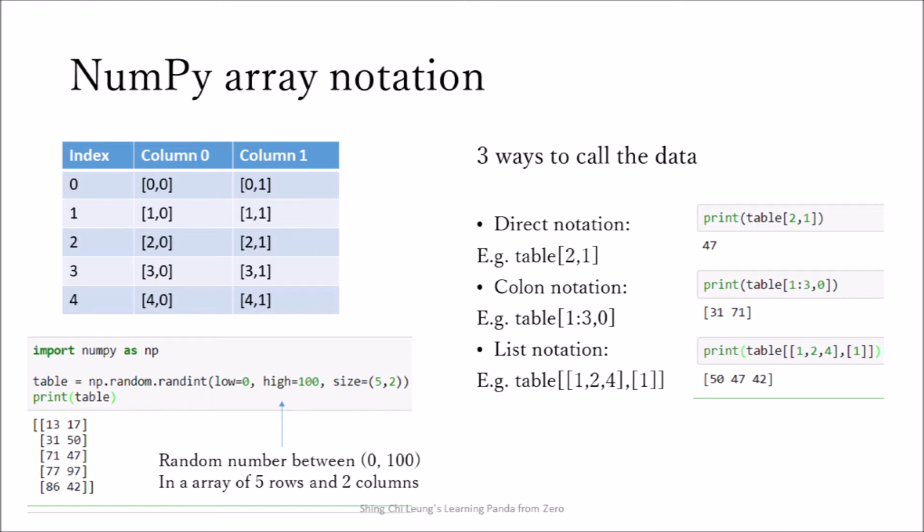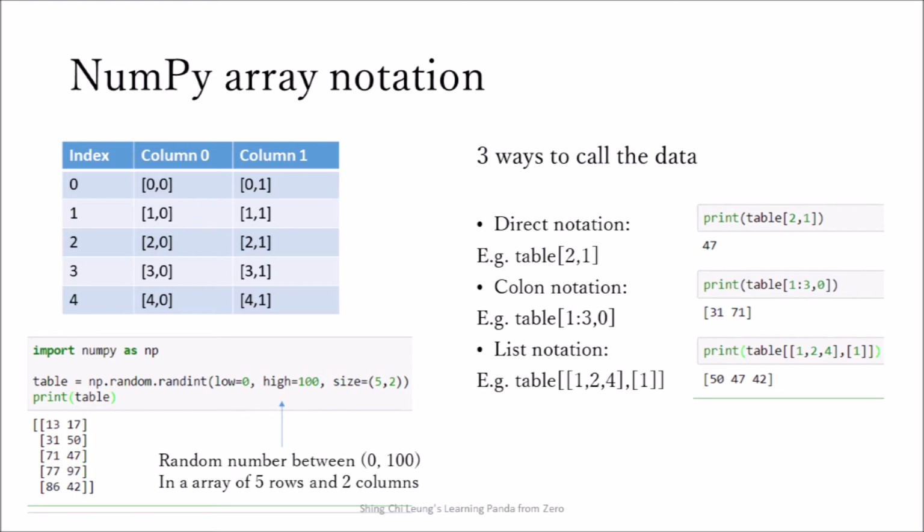To call the elements in the array, there are three ways to do so. First, we can call the element by its exact row and column number. For example, row 2, column 1 corresponds to element 47. And indeed, if we try it on the Jupyter Notebook, we get an agreeing result. In NumPy, we can call a group of elements by the colon notation.